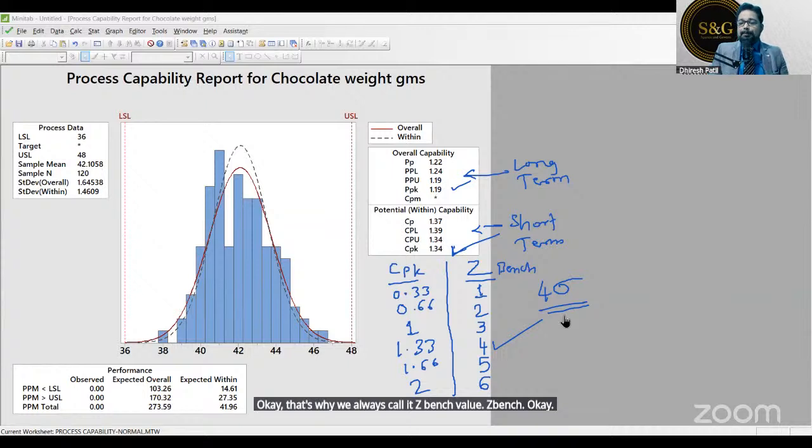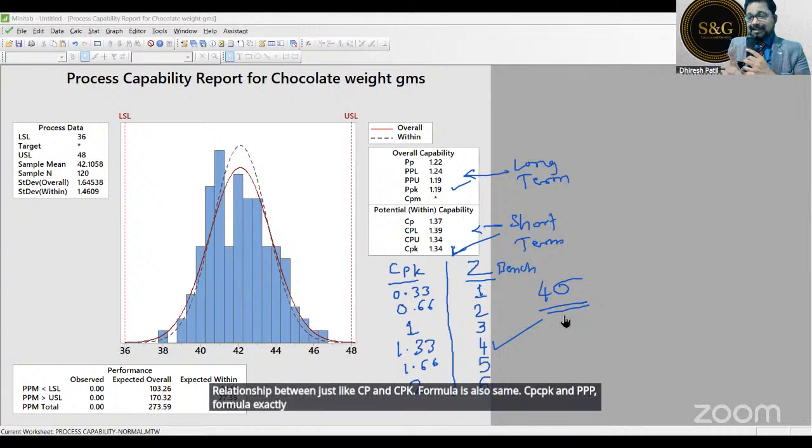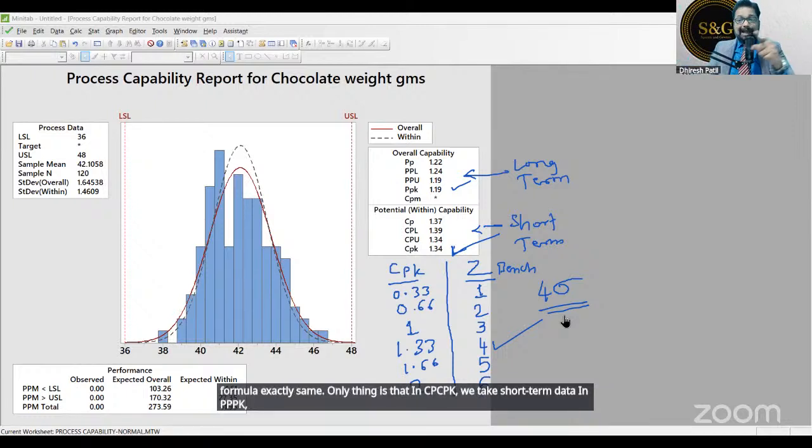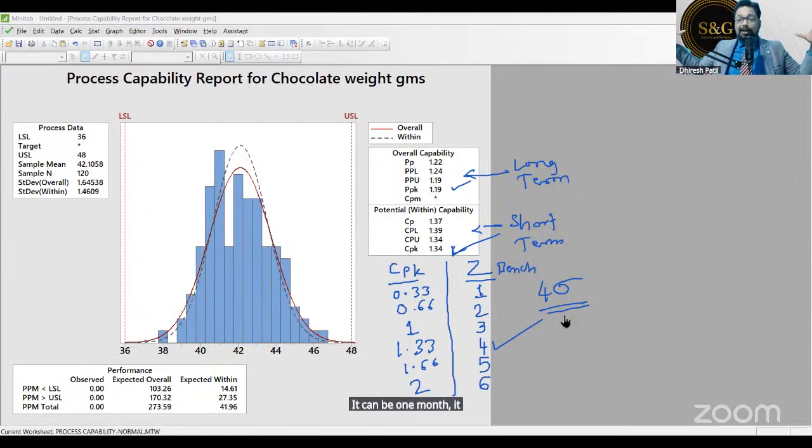The relationship between Pp, Ppk is the same thing just like Cp and Cpk. The formula is exactly the same. Only thing is that in Cp, Cpk we take short-term data. In Pp, Ppk we take long-term data. And I gave you the definition of long-term. It can be 1 month, 6 months, 1 year, 2 years.